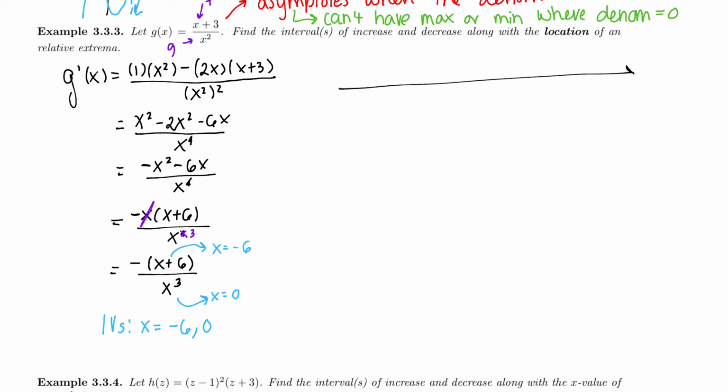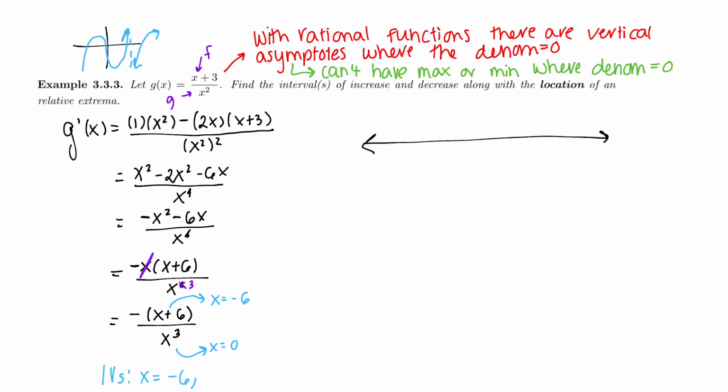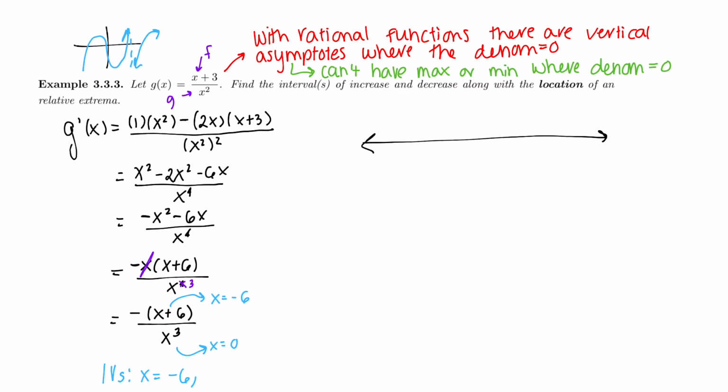However, when I draw my sign chart, I'm going to be careful. So when I'm looking at problems like this, oops, where did my 0 go? When I'm looking at problems like this, I am careful because I know in this original that there is a vertical asymptote at 0. I know there's a vertical asymptote at 0 because the denominator is 0 when x is equal to 0.